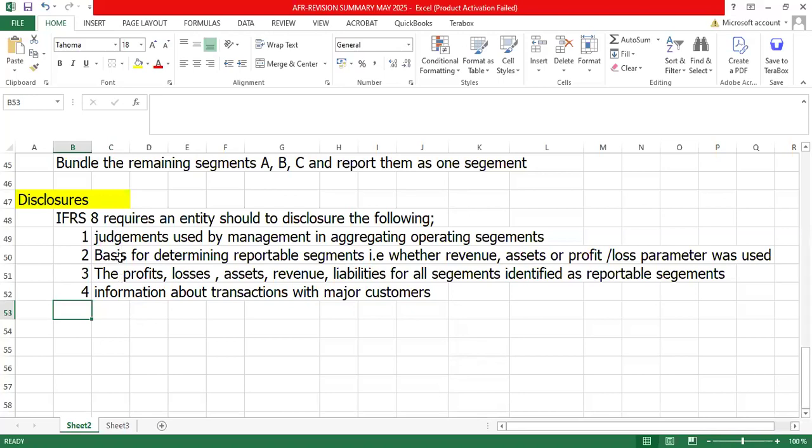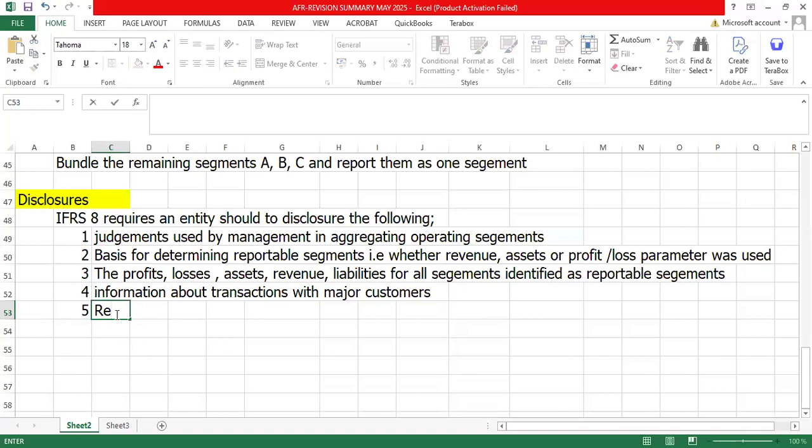Remember, there is a revenue criterion, so we want to know who your majority customers are. Then maybe number 5. Remember, in an exam you just write what you know. You can put 2 or 3 or 4 depending on what you know.